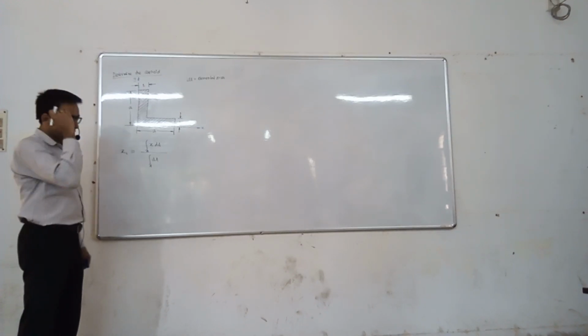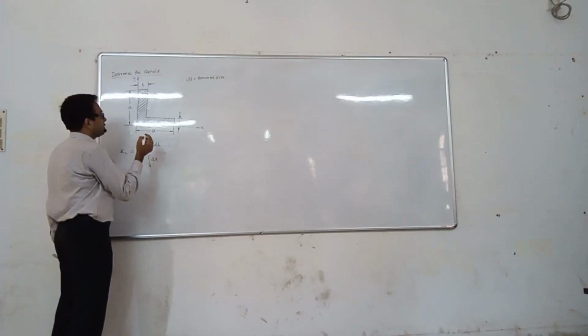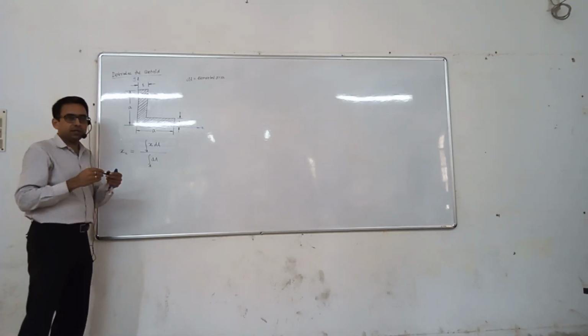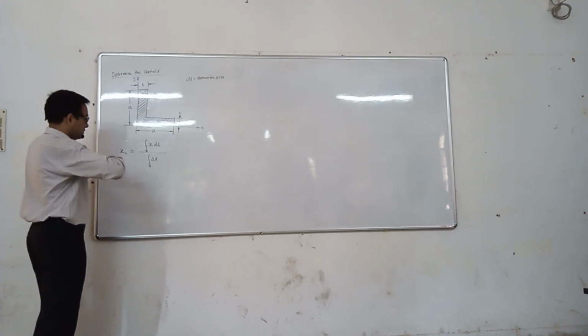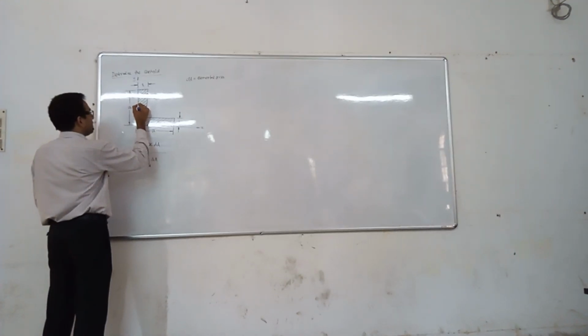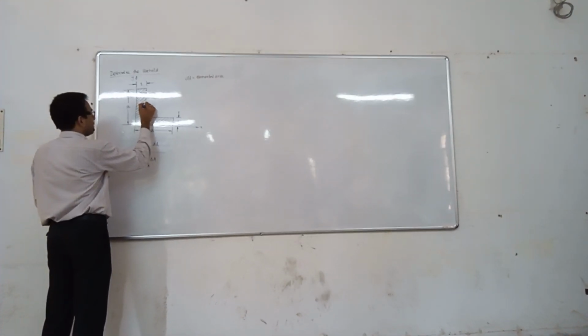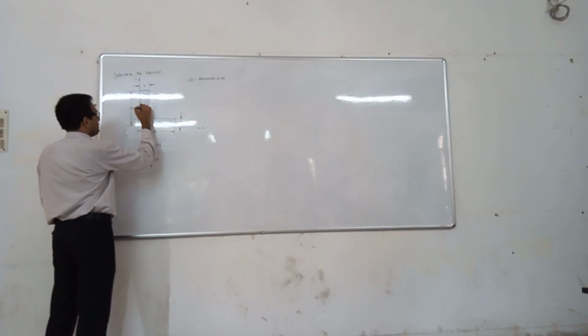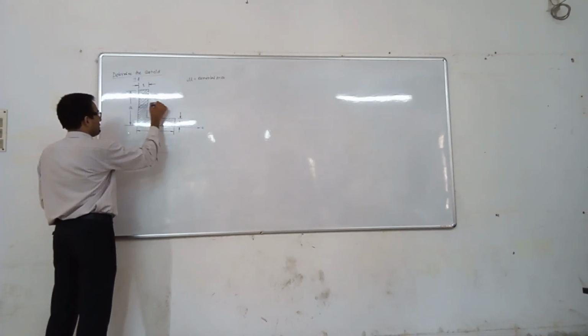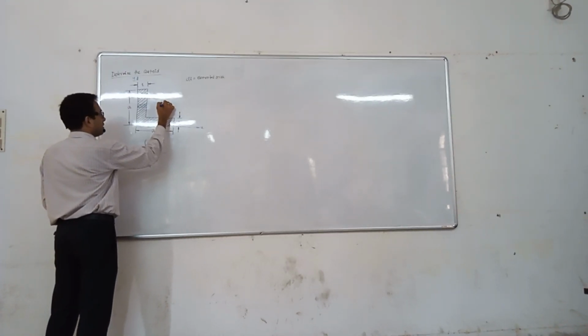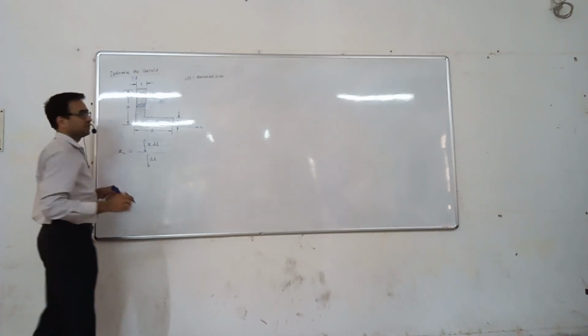Now if I try to determine some elemental area dA, say for example here I take this element. This is the elemental area dA. What is that?